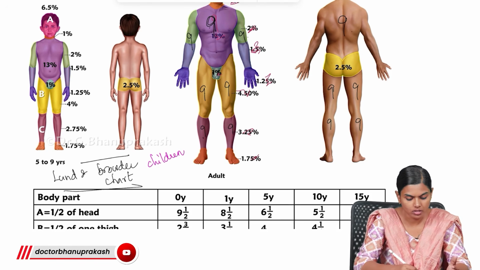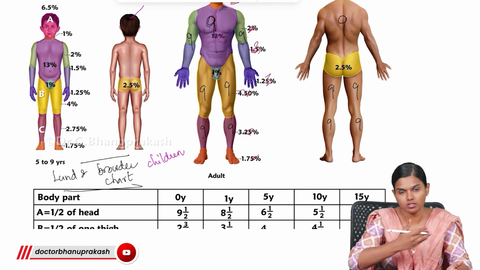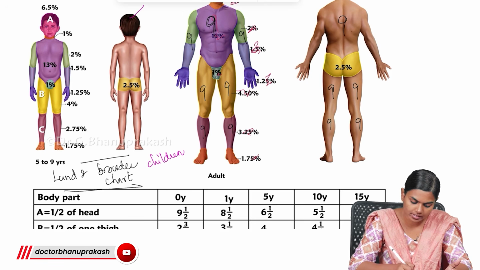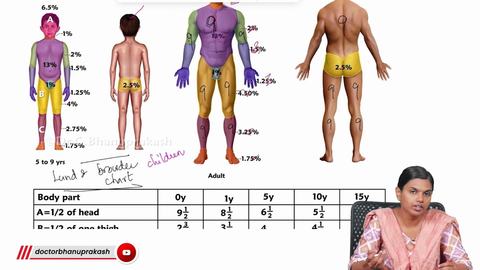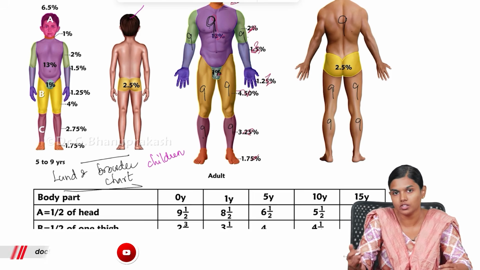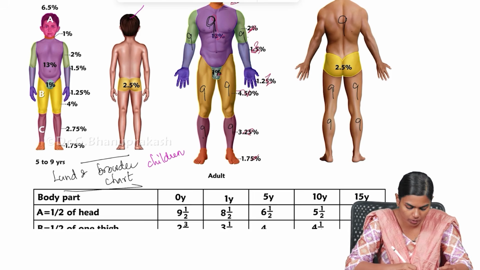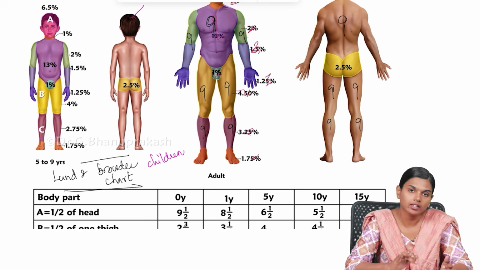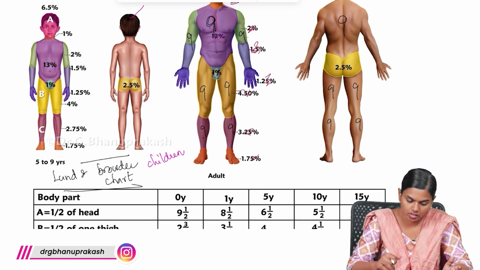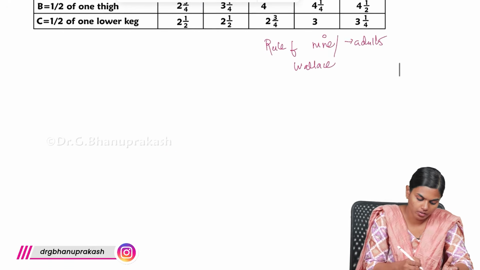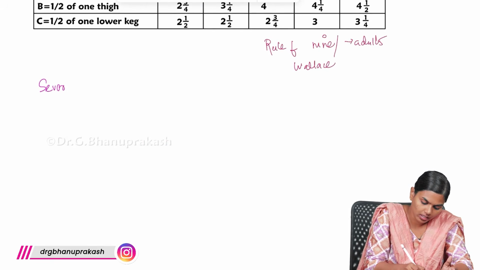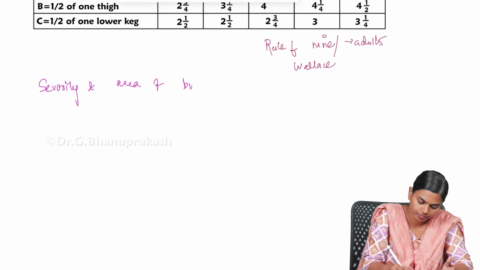Because children will have a different body structure. Here the surface area distribution would be different from the adult surface area distribution. So because of that we use this Lund and Browder chart in case of children. So using these two, we will classify the severity and the area of burns.